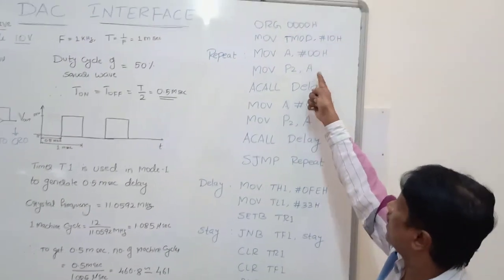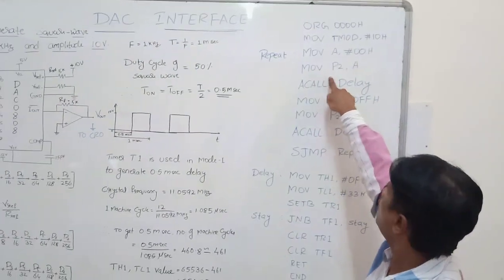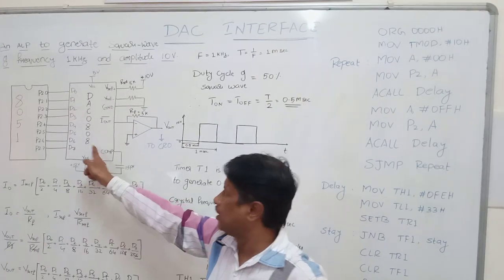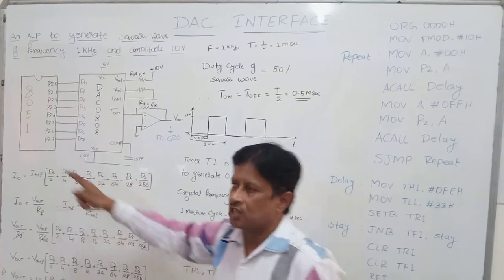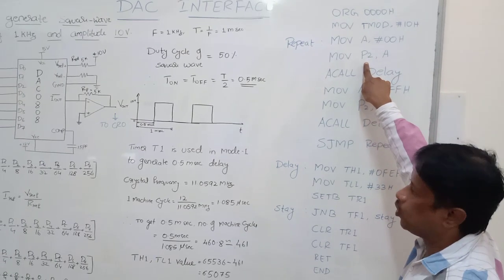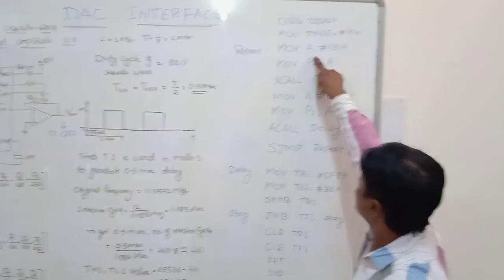From the accumulator it is moved to port P2, because the digital value I give here is sent to the 0808 through port P2. So I send this value 0 to port P2, which acts as an output port. Now I have sent 00.